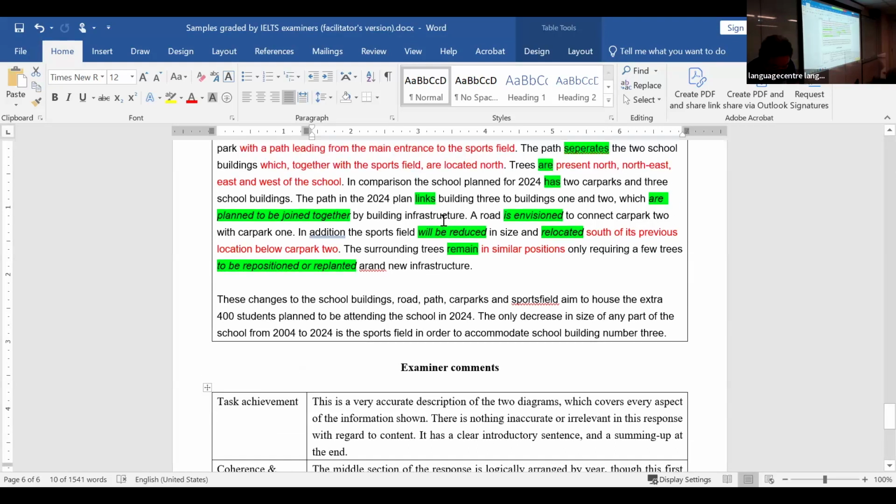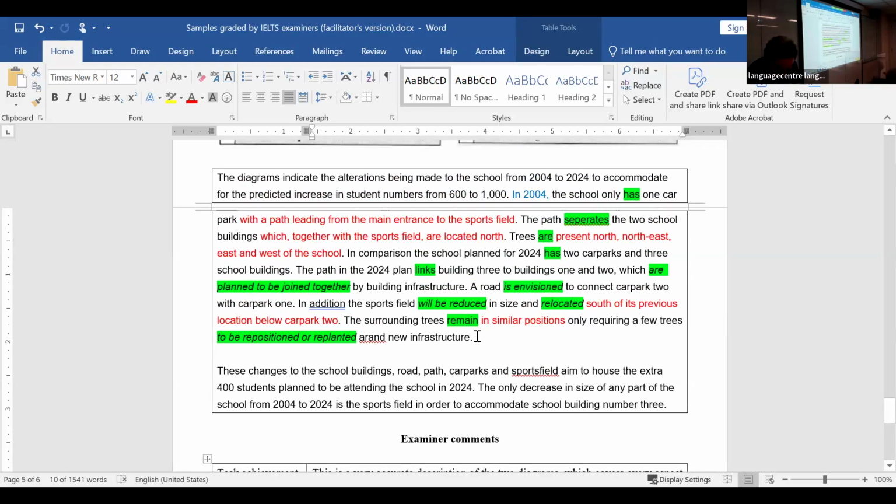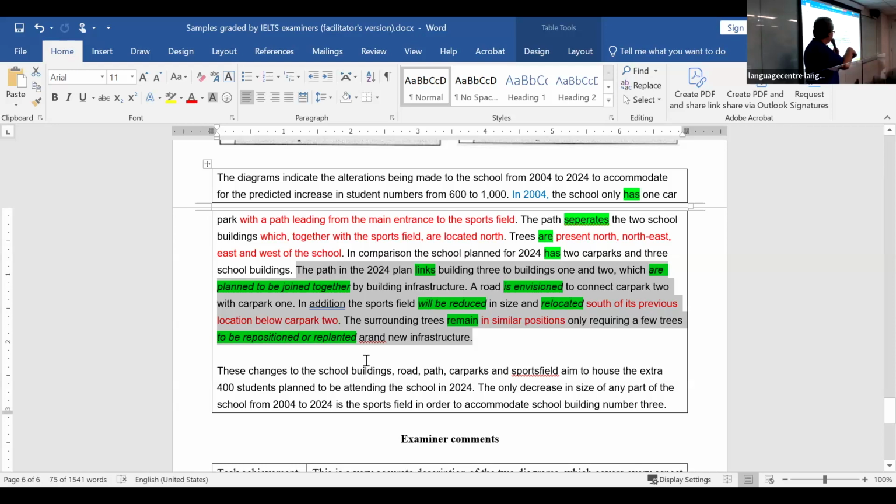The choice of tenses is not consistent because, for example, when the candidate is talking about the 2024 plan, about the future, sometimes the candidate uses the simple present tense, but sometimes it's in the form of a modal verb, will be reduced.